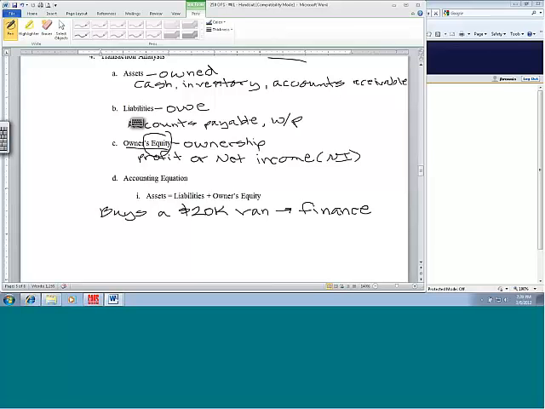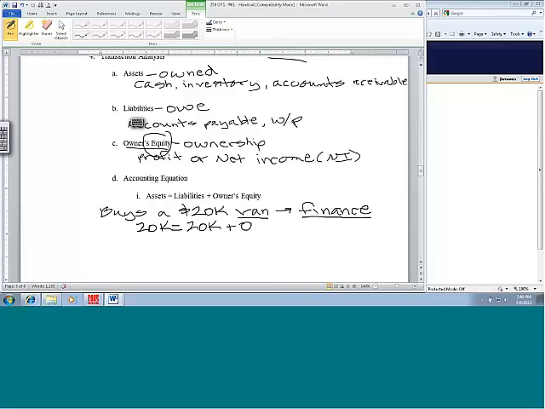Now, how does that work within this accounting equation? Well, the way it works is that we're buying an asset. So the accounting equation, we have assets of $20,000, and then we finance it. So that means that we owe somebody. So that means that we have a liability of $20,000. And then we don't have any owner's equity associated with this particular transaction.